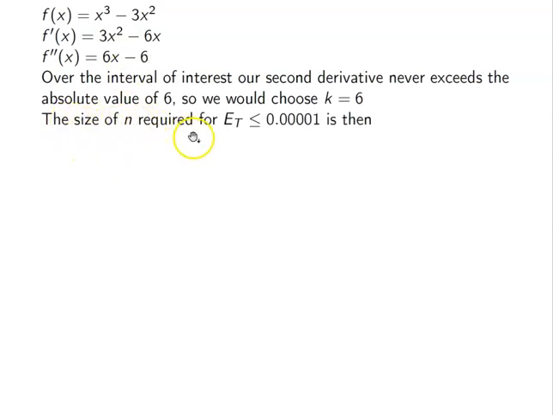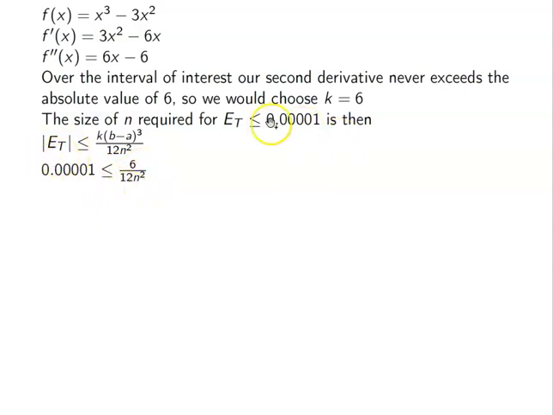So the size of n required for the error in the trapezoid rule to be less than or equal to 0.00001. So this is what? Tens, hundreds, thousands, 10,000s, 100,000s. So within 100,000th, right? If I replace everything in here, 6 is k, b is 1, a is 0. So this is just 6 divided by 12n squared.